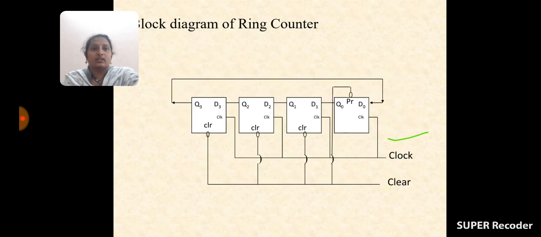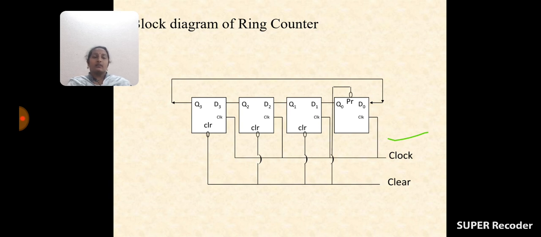Once see the diagram. One key point is, in the ring counter here it is constructed with D flip flops, but it is also possible to construct it with JK flip flops. If it is constructed with D flip flops, it looks like a register.